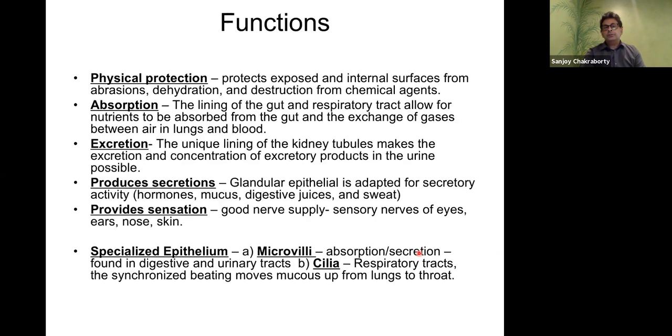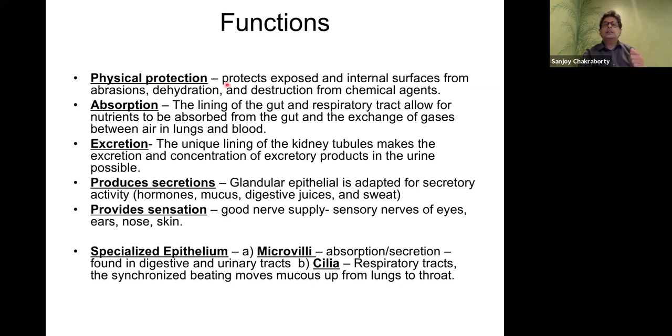So what are their functions? What is the function of epithelial tissue as a whole? This is an abbreviated version, a short summary of all the functions. A lot of functions you're going to learn throughout ANP1 and ANP2. So make sure you know this bold part very well. That means epithelial tissue is responsible for physical protection.